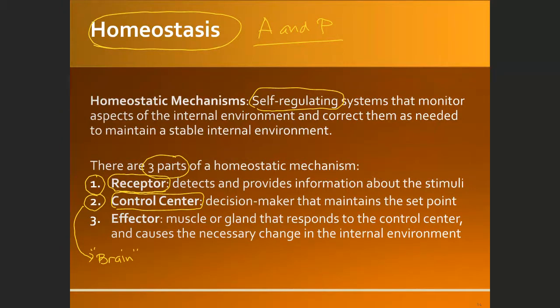The control center will produce a response, and this response will be carried into the effector. The effector is the organ that actually performs action based on the order coming from the control center, or from the brain, and it is based on the stimulus received by the receptor.